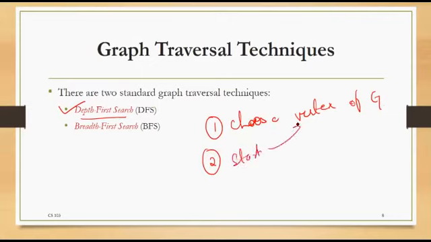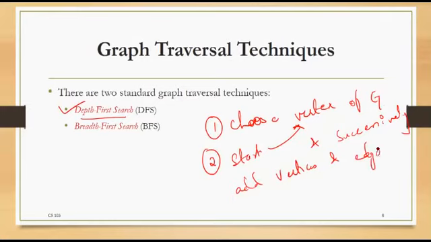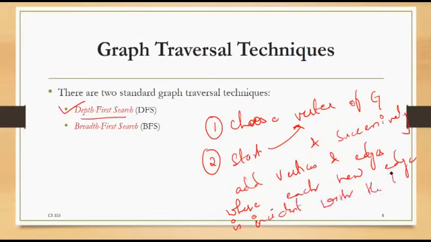So you have to start at the vertex given and successively add vertices and edges, where each new edge is incident with the last vertex. What does this mean?